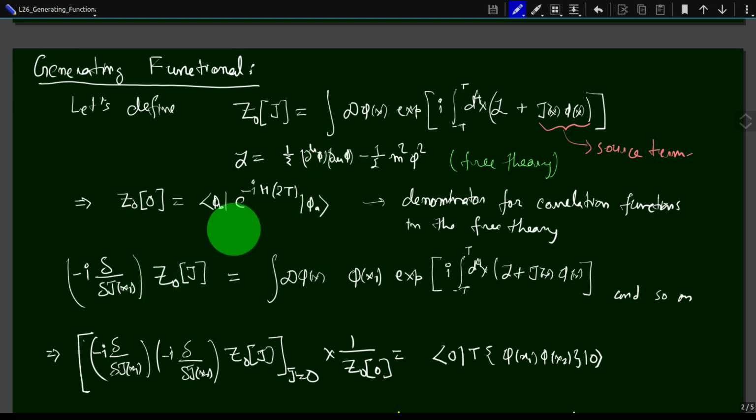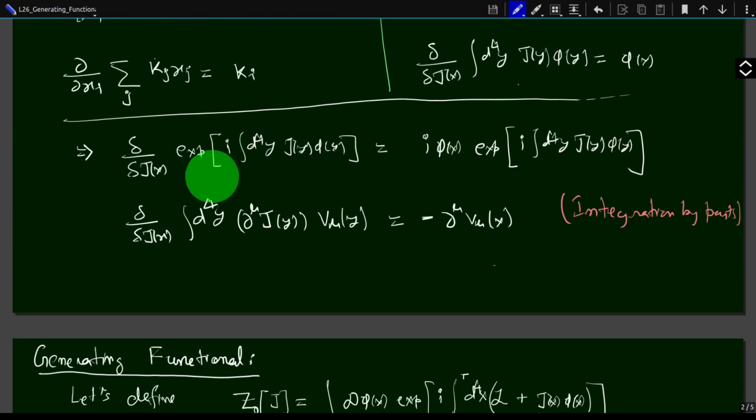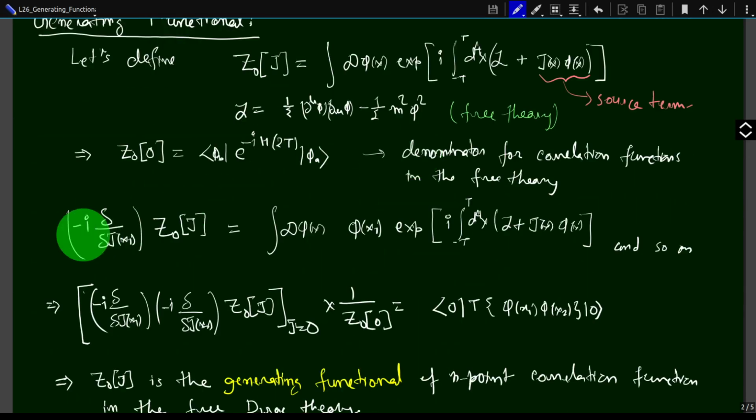Now once we have this, clearly if I take the derivative with regard to j(x), we have already seen that the derivative with regard to j(x) brings down i times φ(x). I want φ, not i times φ, so I multiply by minus i to get rid of this i. That is exactly done here: minus i del by del j(x1) of Z0[j].